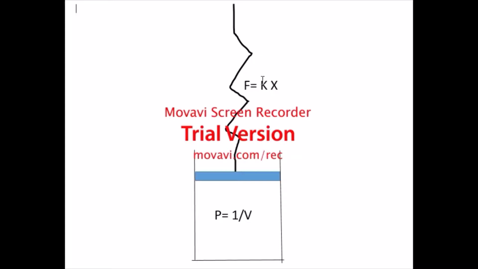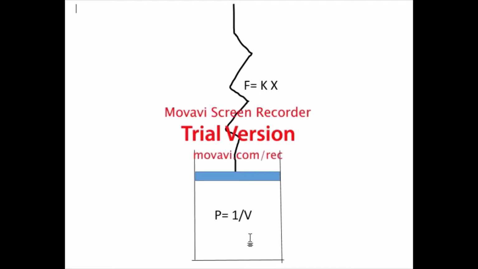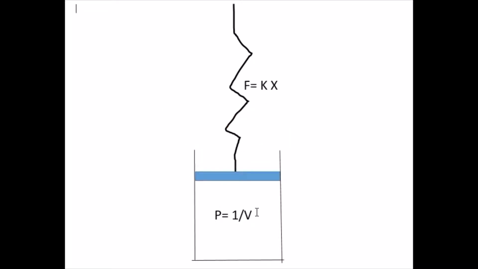K is the spring constant, while X is the distance the spring can expand. While the volume is controlled by the pressure, if the pressure increases, the volume will reduce.